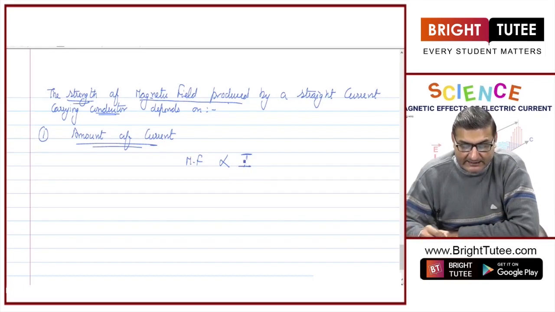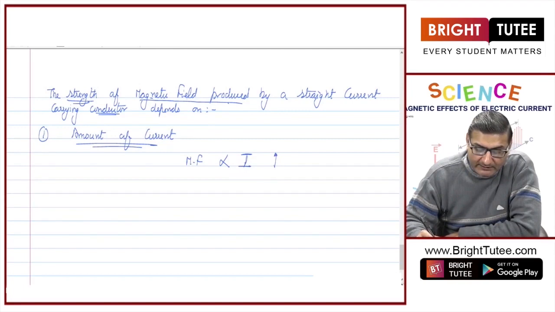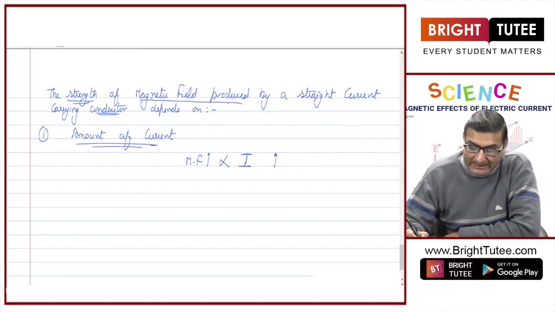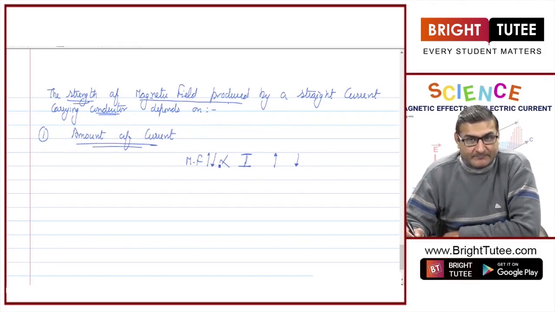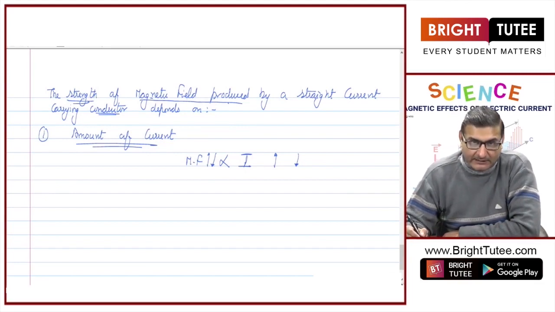So if the amount of current is increased, then the magnetic field will also get stronger. And the opposite of it, if the amount of current is decreased in the wire, then the magnetic field will also decrease. That is what was evident by the deflection of the compass.